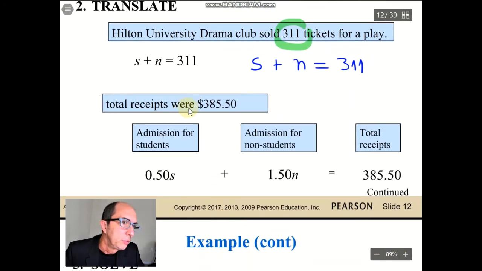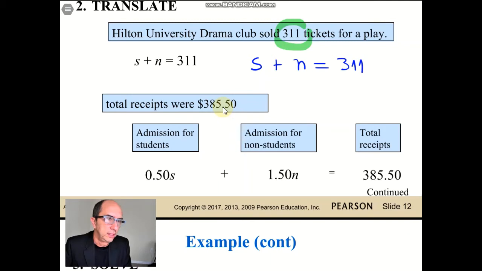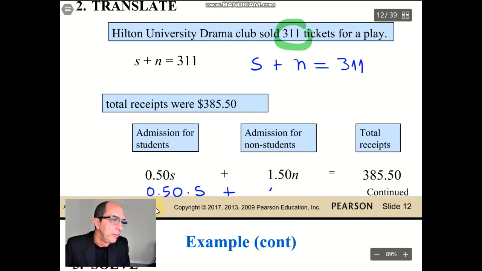Total receipts were $385.50. And I'm going to repeat here. We have 50 cents, the price of student tickets, multiplied by the number of student tickets, plus the price of the non-student tickets, $1.50, multiplied by the number of non-student tickets sold, is equal to $385.50.